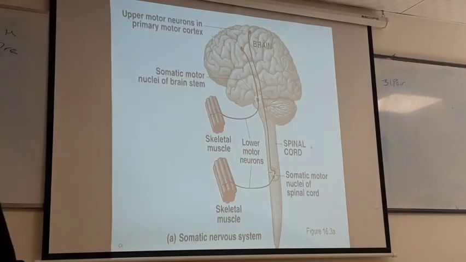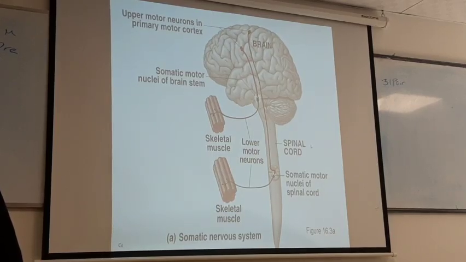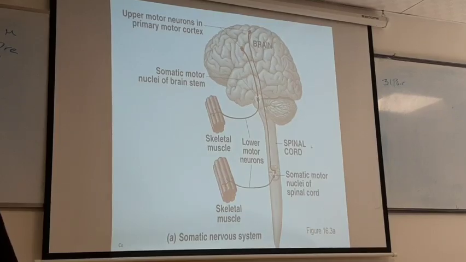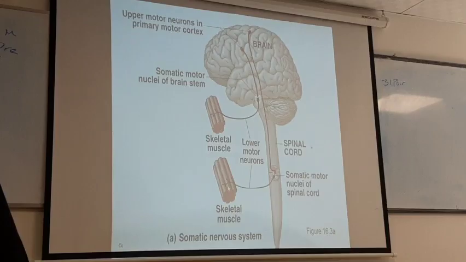Neuron 1, neuron 2. Neuron 2 is in the spinal cord. Which region of the spinal cord? Ventral horn. Ventral horn is motor. Dorsal horn is for spinothalamic, gracilis, cuneatus, spinocerebellar, but the ventral root is for movement. It goes to the skeletal muscle.